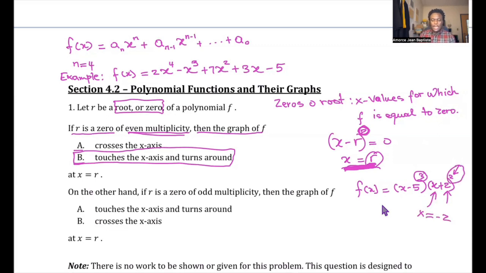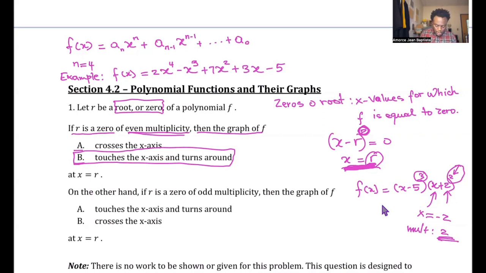But because there was an exponent 2 for the factor, it gives it a multiplicity. The multiplicity is 2 because this factor x plus 2 repeats in the expression 2 times, which is even. Then on the graph, what you're going to see at x equals -2 is that the graph would bounce. It touches the x-axis and then turns around.